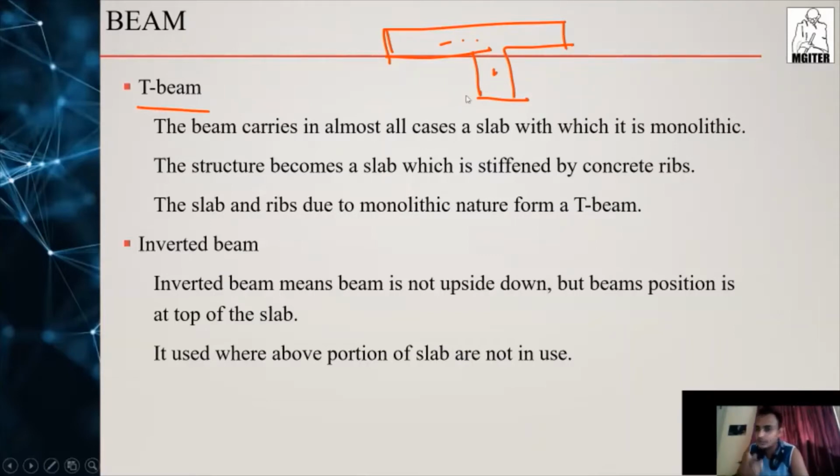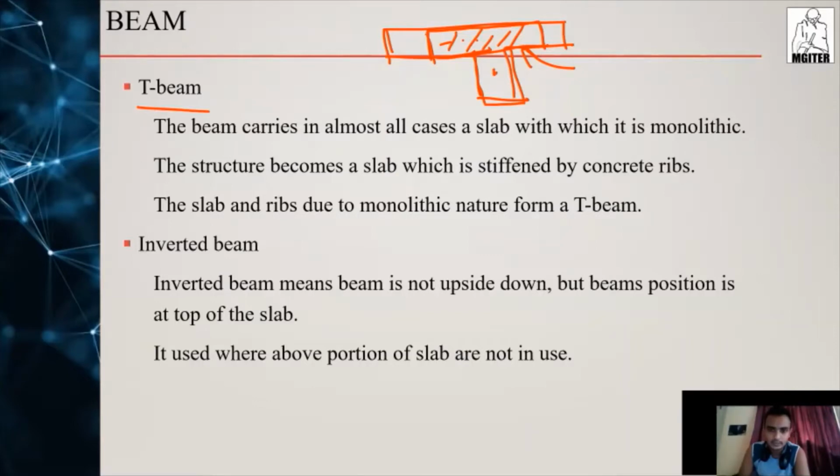While constructing them together, some portion of the slab connected with the beam is used to resist bending moment.